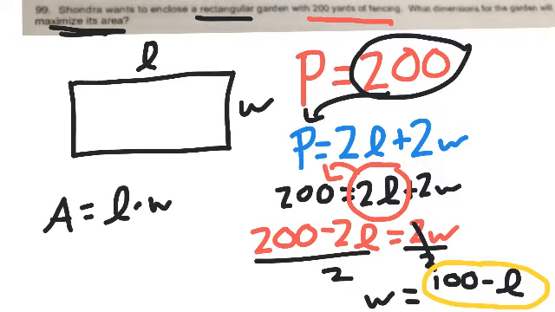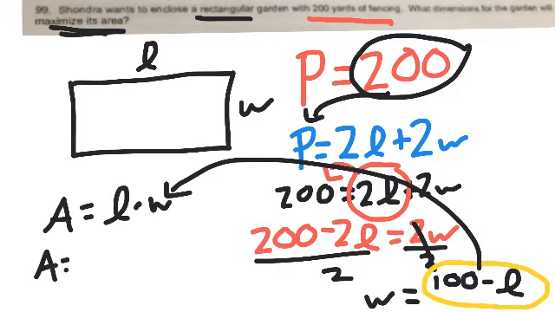I was doing it right the first time. So I'm plugging in for W. So area is equal to length times, and instead of width, it's going to be 100 minus the length.